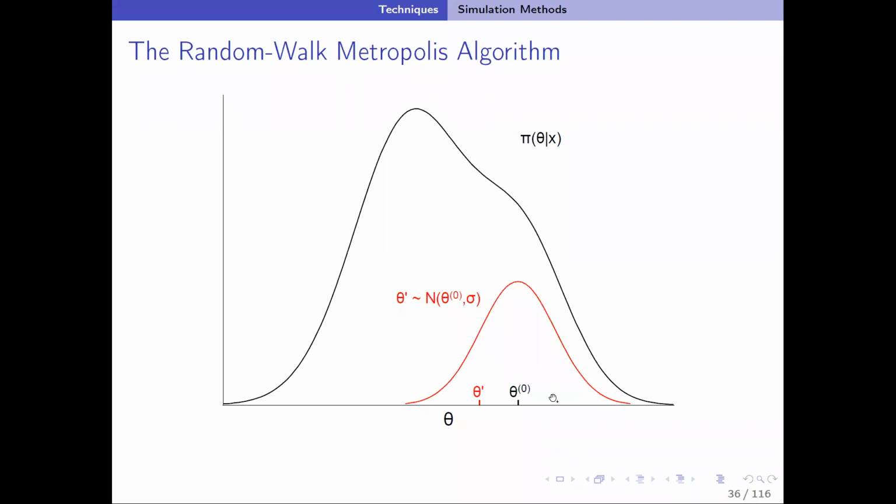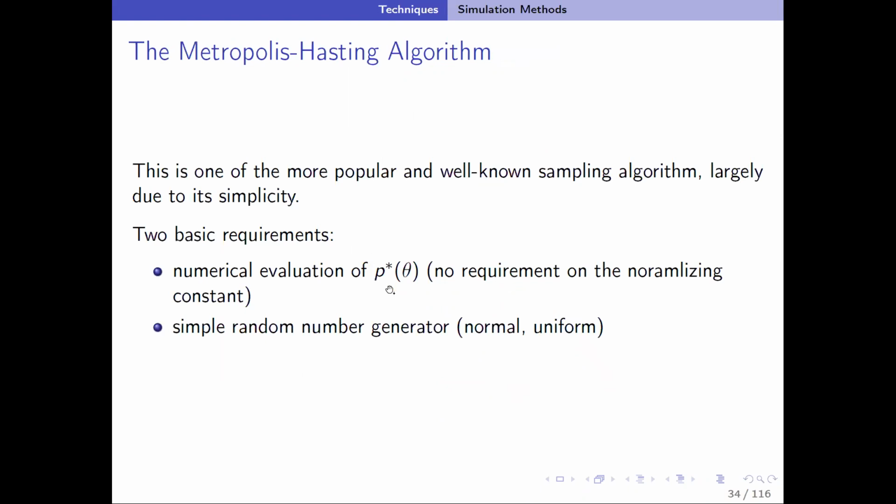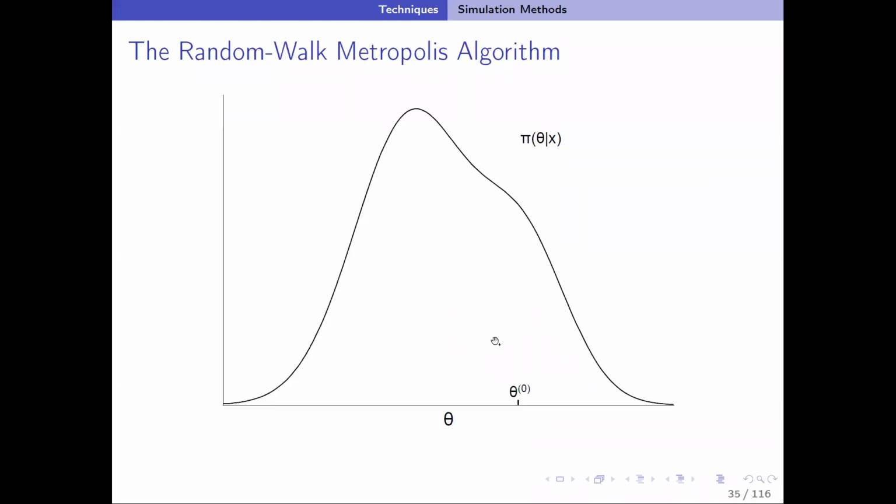I'm just taking some random step around me, and I'm going to take one step and get theta star, theta prime. And then I'm going to evaluate the two densities, the heights. So that's why it's important to have this piece, the numerical evaluation, and a random number generator.